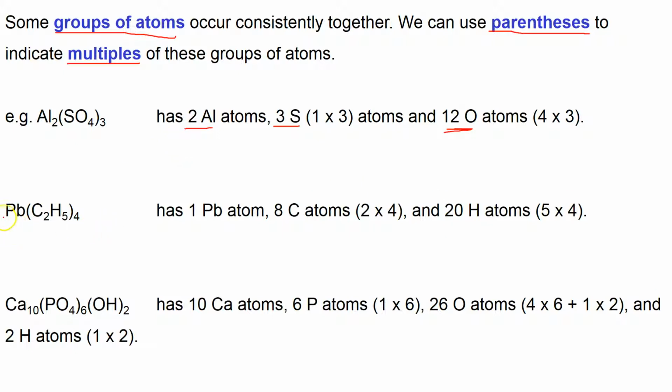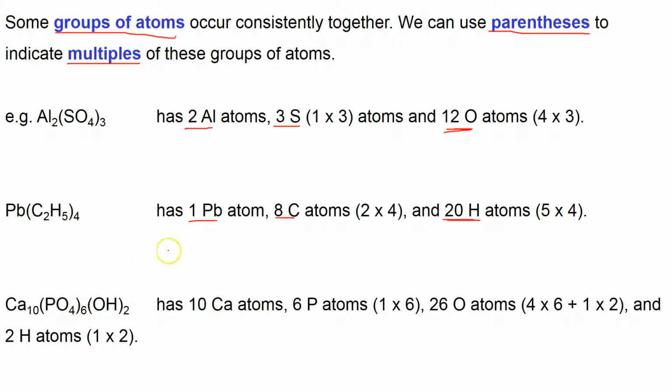Here's another example where we have lead, Pb(C2H5)4. So we have 1 lead, 4 times 2, 8 carbon atoms, 5 times 4, 20 hydrogen atoms.